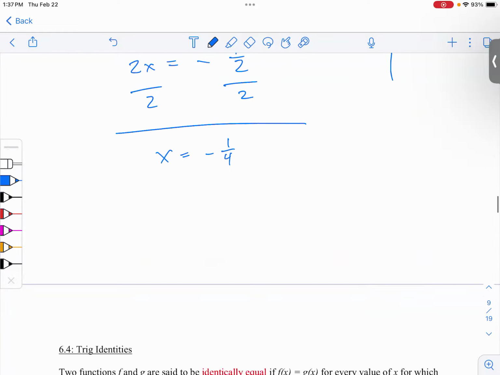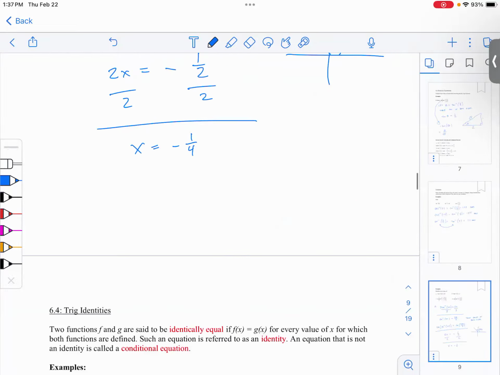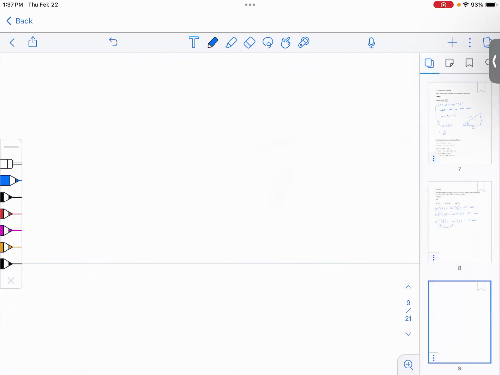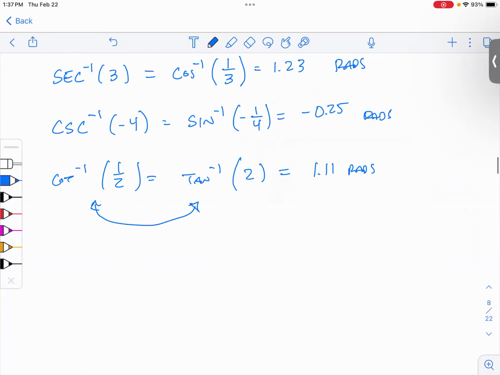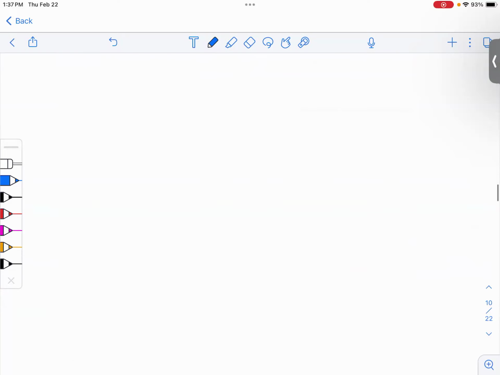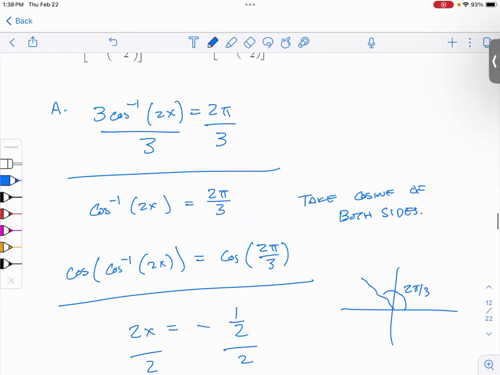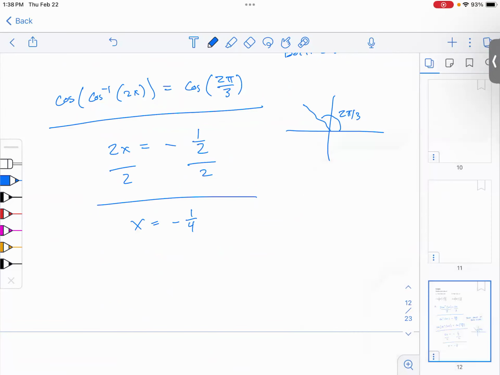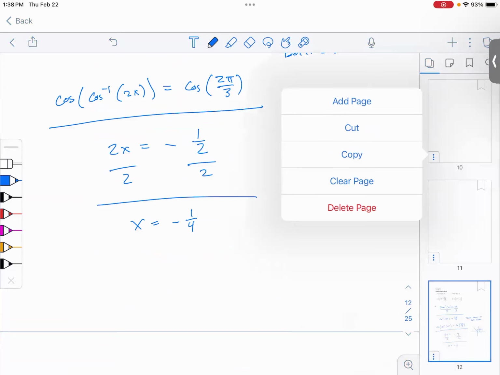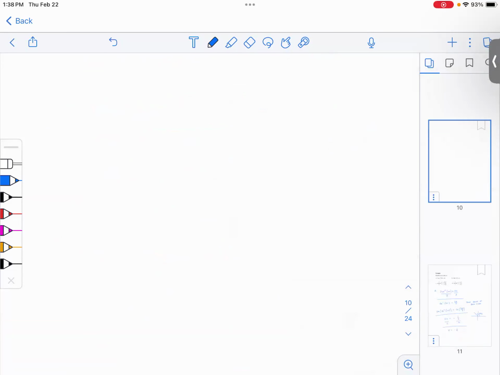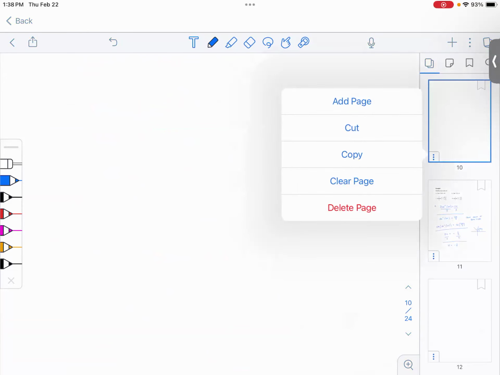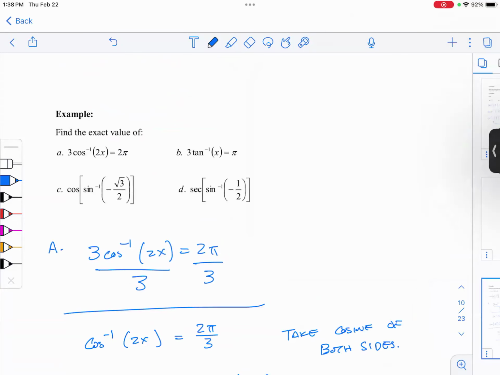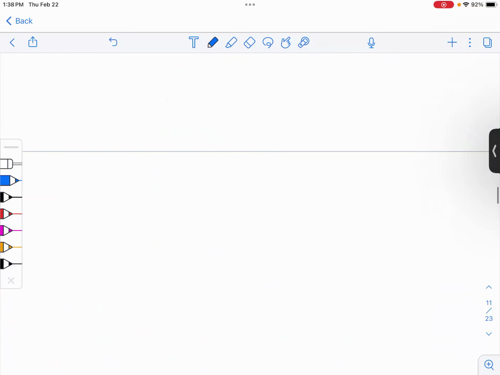All right, step by step. Three tan inverse x equals 1.